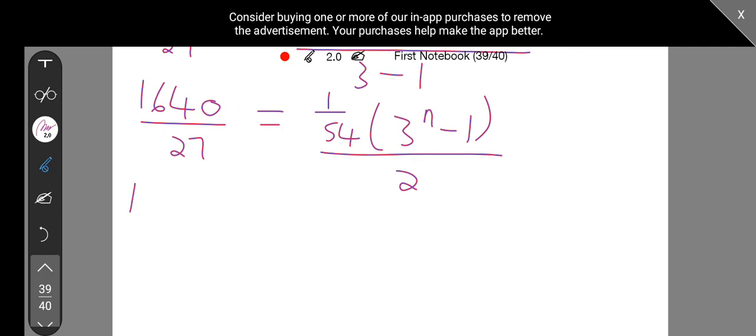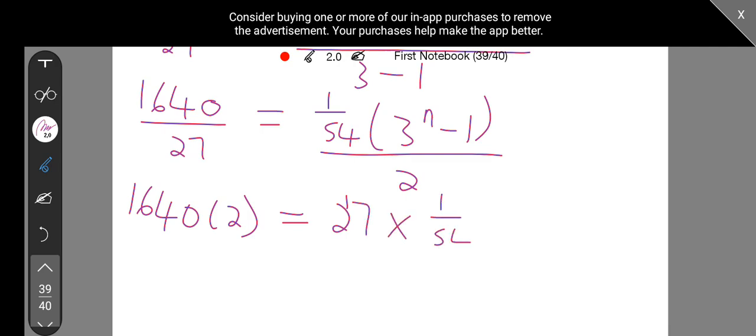We're going to say that 1640 multiplied by 2 is equal to 27 multiplied by 1 over 54 times 3 to the power of n minus 1.